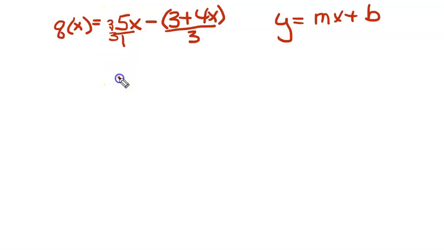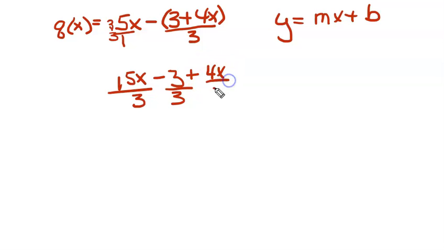So this now becomes 15x over 3. Then removing this parenthesis just by changing each of these signs, this becomes a negative 3 plus, and that's over 3. Put each of these over the common denominator, and this would be a plus 4x over 3.